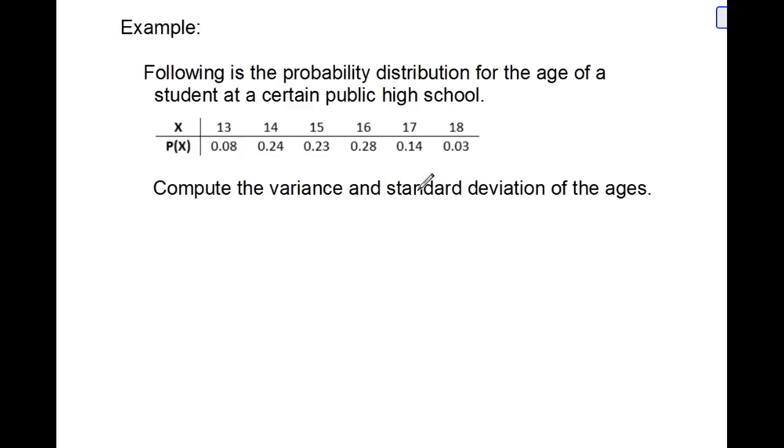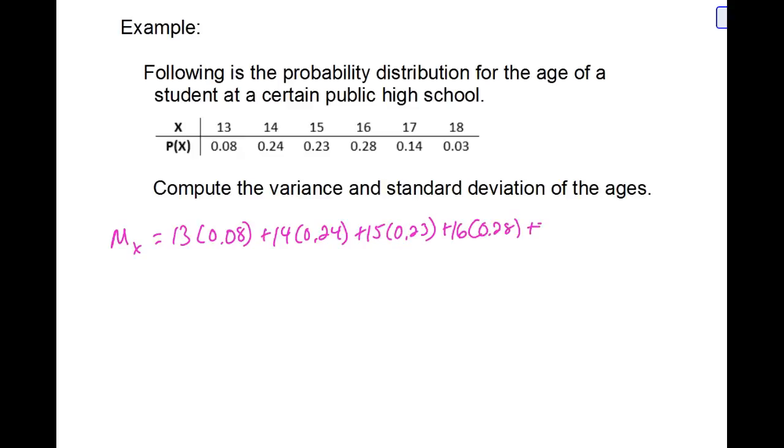No matter which formula you use, the first thing you have to do is compute the mean for the distribution. Mu sub x will be 13 times 0.08 plus 14 times 0.24 plus 15 times 0.23 plus 16 times 0.28 plus 17 times 0.14 plus 18 times 0.03.